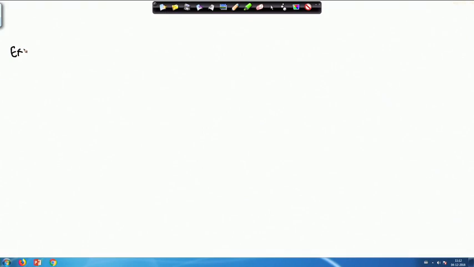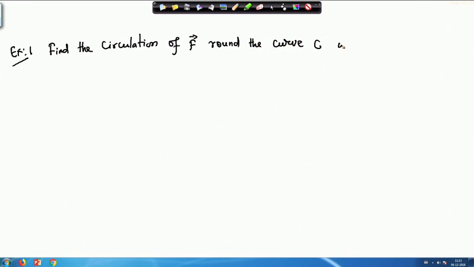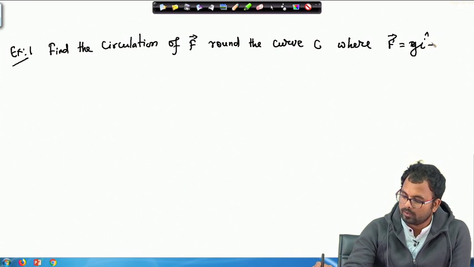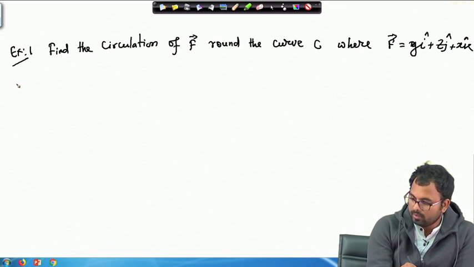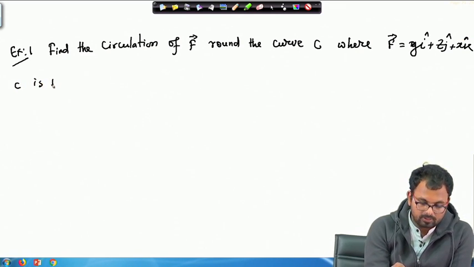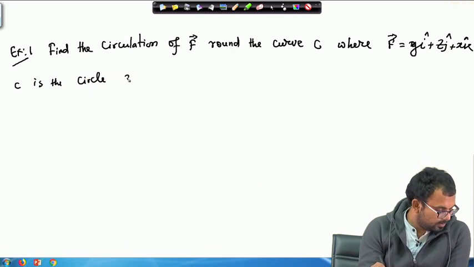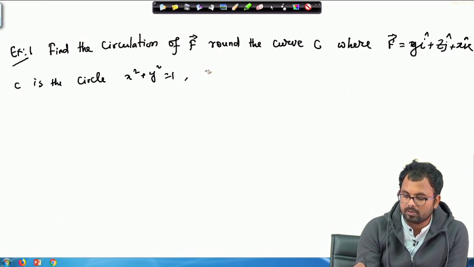Our first example is: find the circulation of f around the curve C, where f is equal to yi plus zj plus xk, and C is the circle x square plus y square equals to 1 and z equals to 0.